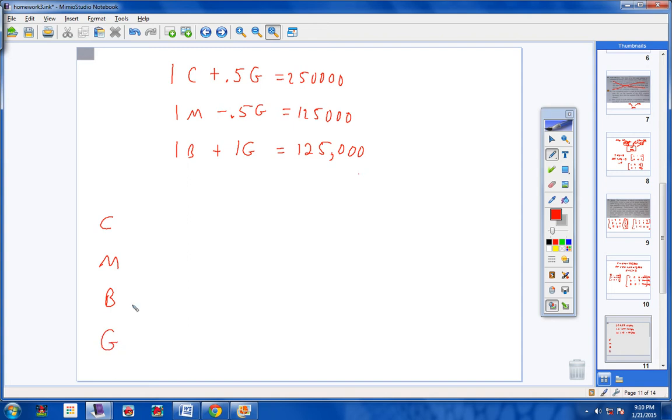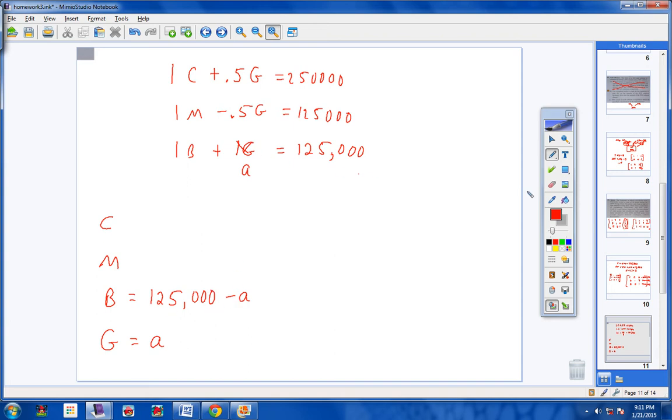Now, I'm going to let A equal G. So if A equals G, I'm going to put A in for G like we've done before, then B would equal 125,000 minus A. Remember, for G, I'm going to put an A. Bring the A over and make it negative, and B equals this.